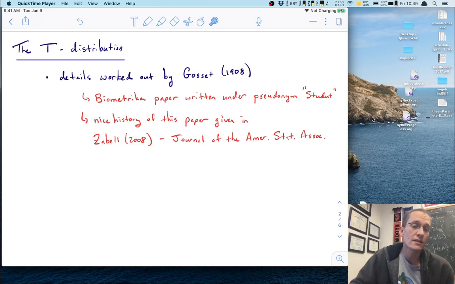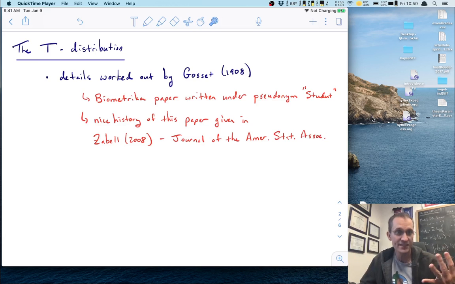It's been around for a long time. The mathematical details of this distribution were actually worked out by several people, and what we do now is an amalgamation of different approaches. But essentially, this goes back to a paper by Gossett in 1908. Interesting little tidbit on this. This was published in the journal Biometrika, which of course is still around today. It was written under a pseudonym, Student, and sometimes it's called the Student's t-test.